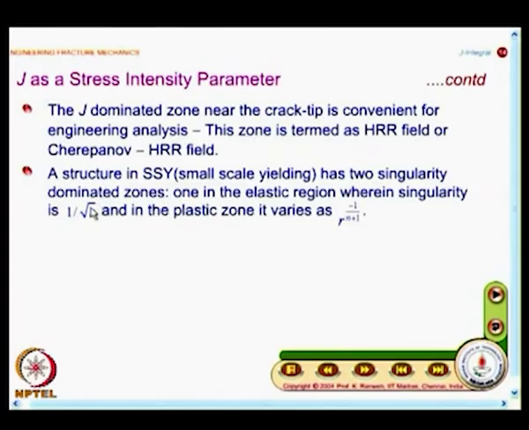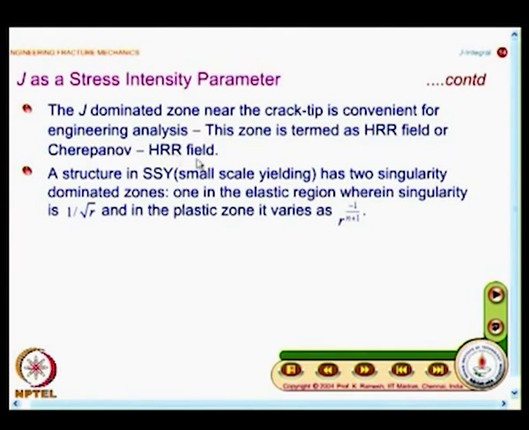If you look at a structure in small scale yielding, it now has two singularity dominated zones. We would also see a pictorial representation of how the HRR field looks like.